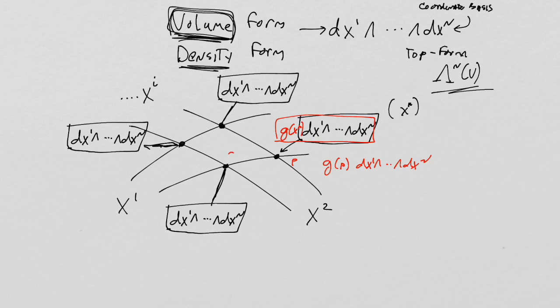And this one, if this is the point Q, will be g of Q, dx1 wedge dxn. And if this is the point S, we just put a g of S up in front. And we can do that at every point in space-time.